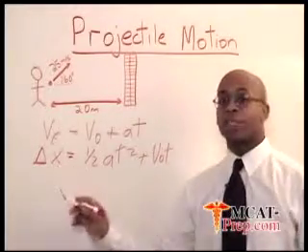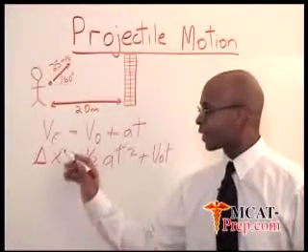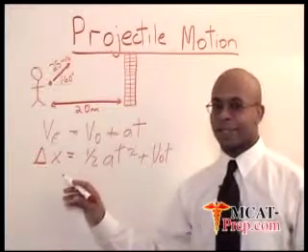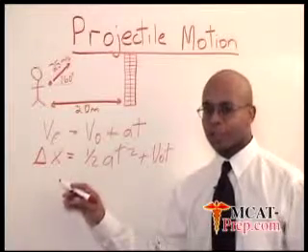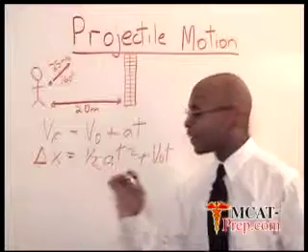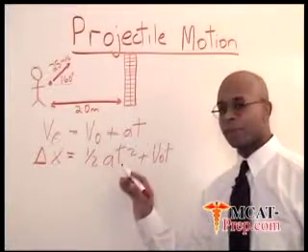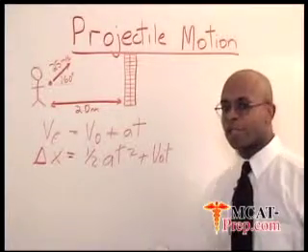So delta x is the displacement, and even though it's an x, it does not indicate whether you're looking at the displacement in the y direction or the x direction. All it's saying is that the displacement is equal to 1/2 At squared, acceleration times time squared, plus VoT, the original velocity times time.